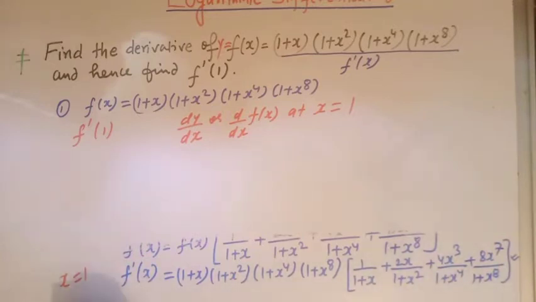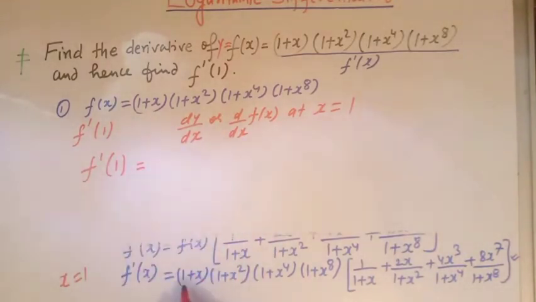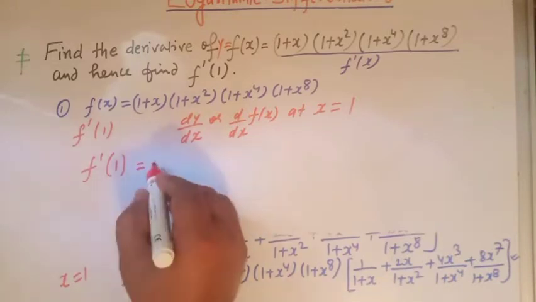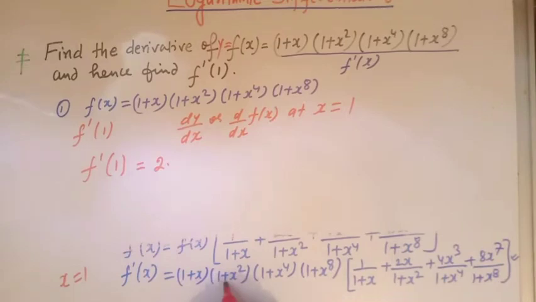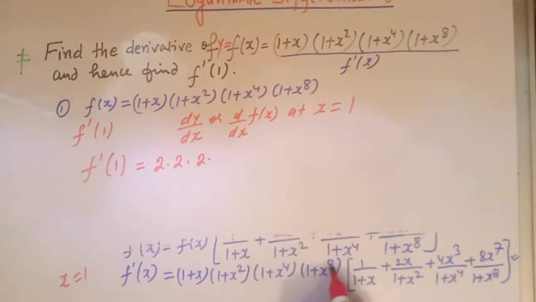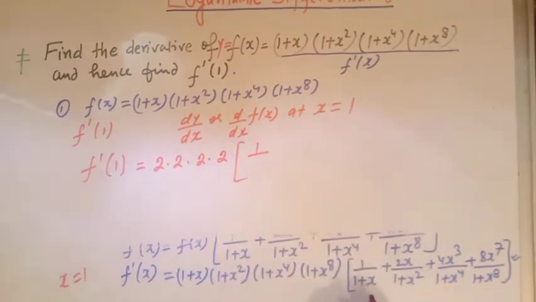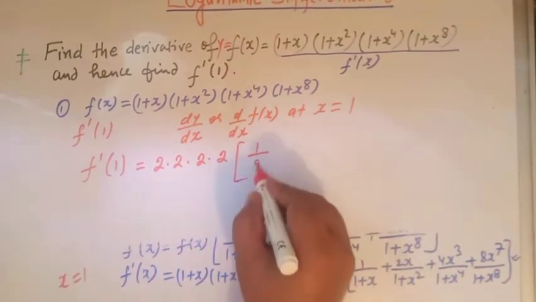So what we will get, so f prime of 1 is equal to, if we substitute 1 here, so we get 1 plus 1, that is 2. Then 1 plus 1 squared is 1, so we have 1 plus 1 is 2. Then 1 plus 1 to the 4 is 1, so 1 plus 1 again 2. Then 1 plus 1 to the 8, again 2, right? So here we have 1 over 1 plus 1 is 2.